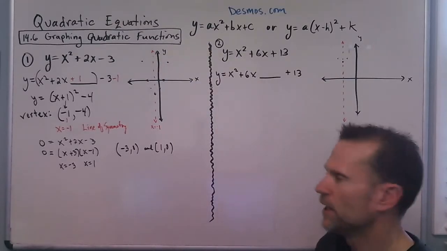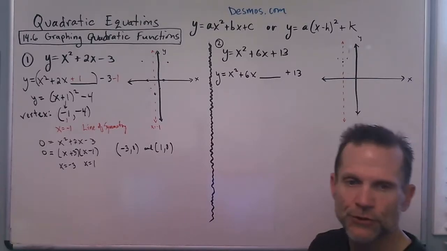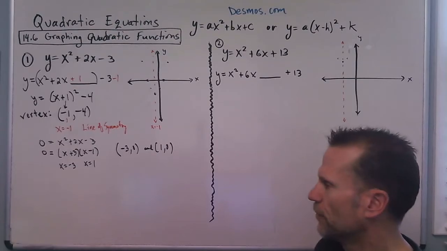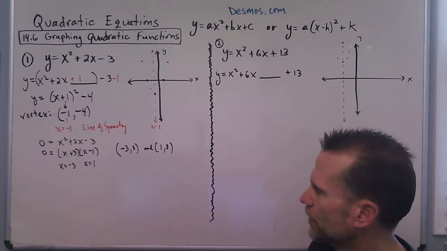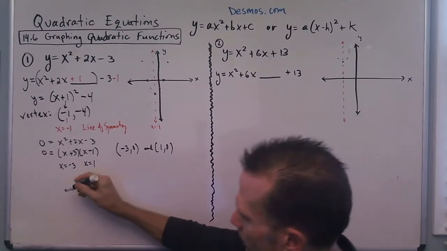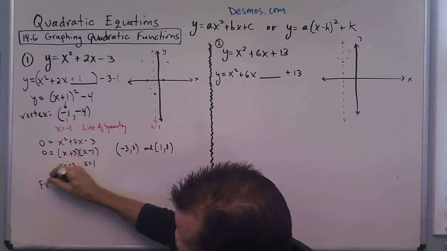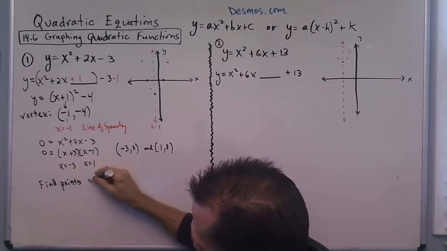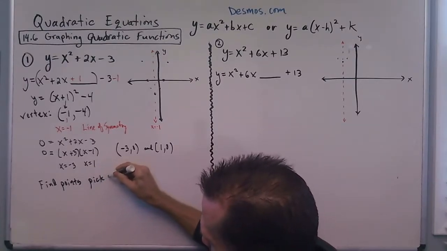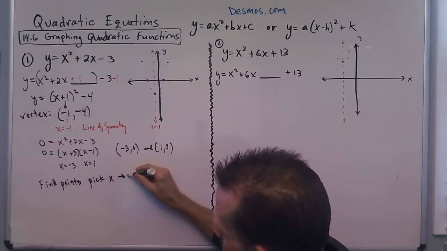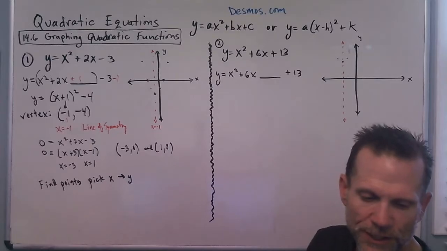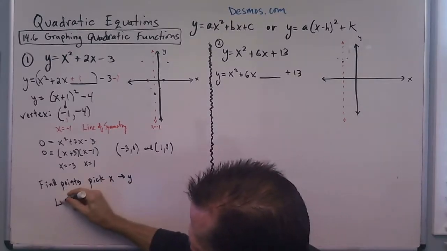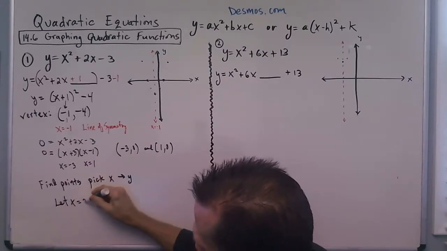And then the last thing they often ask you to do is to find 2 other points on the graph. Now you could use your TI-84 and the table feature, but another way is to just pick x values and then get y values. Looking at one example here, we can say let x equal 2.